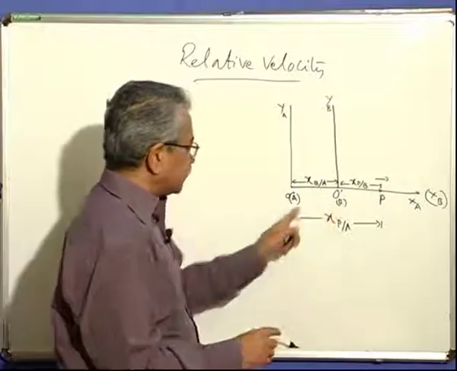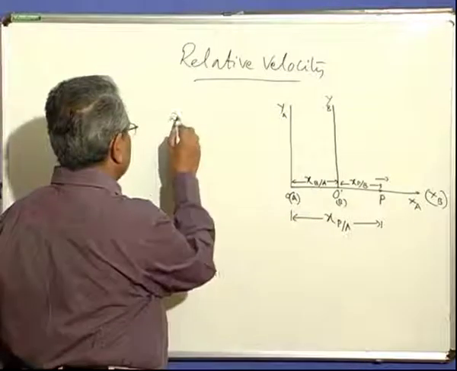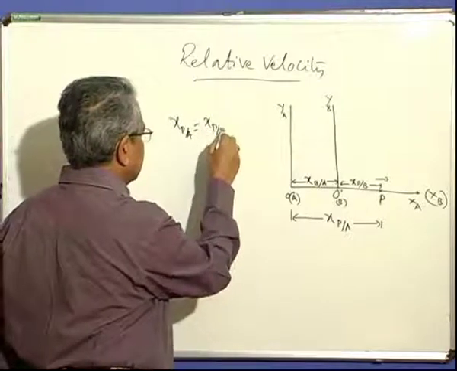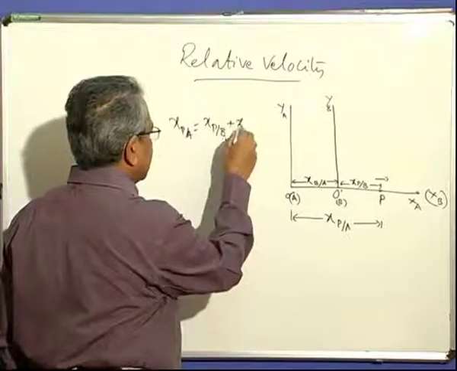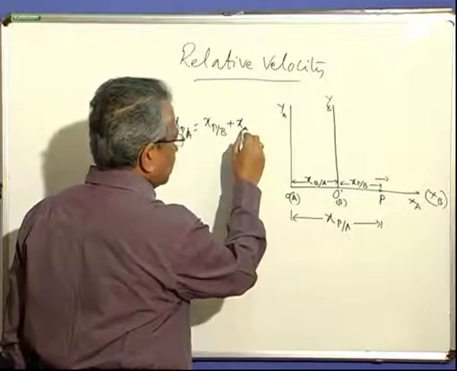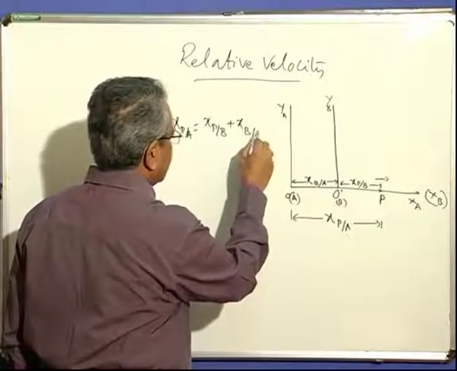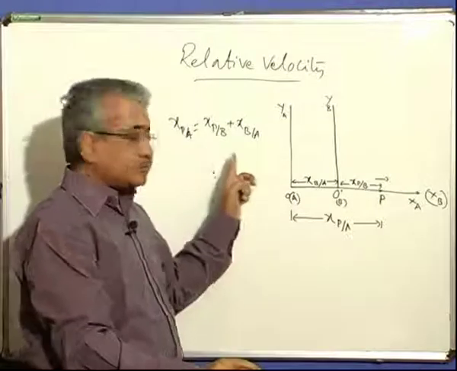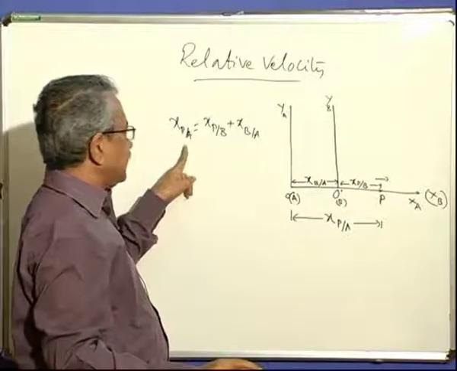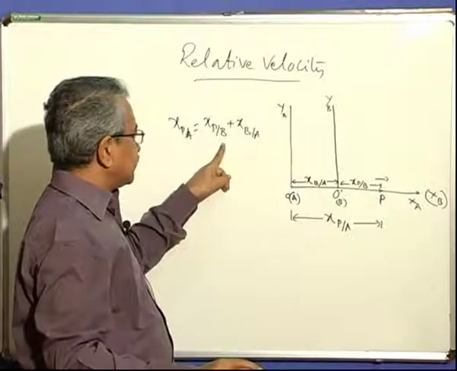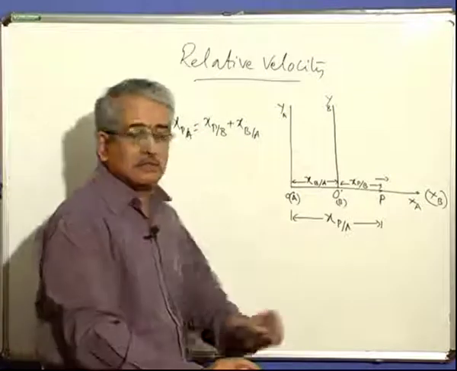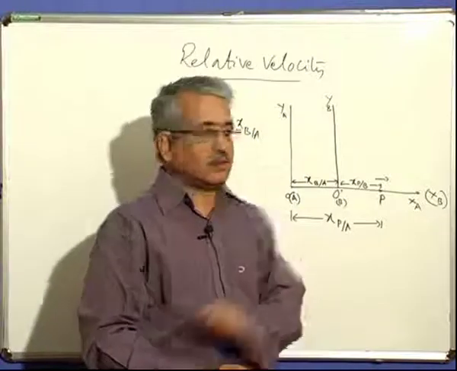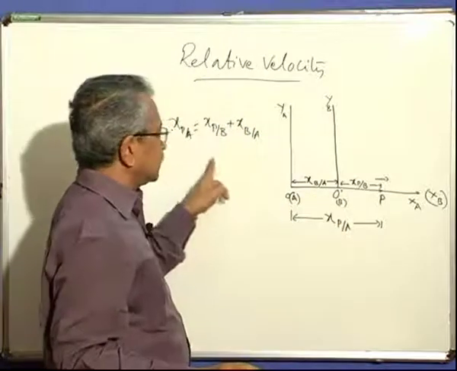From the figure here itself you can see very clearly x_PA is equal to x_PB plus x_BA. What is meant by this? Position of P with respect to A is equal to position of P with respect to B plus position of B with respect to A. That's what I wrote here in the figure, in the equation here.